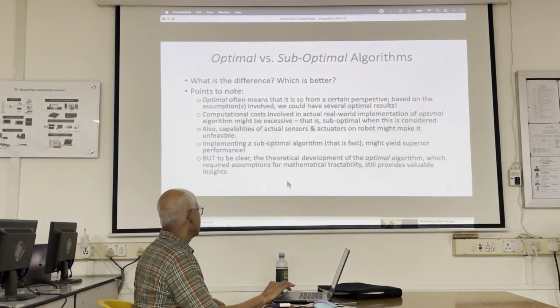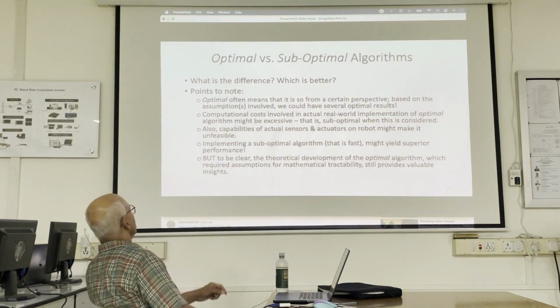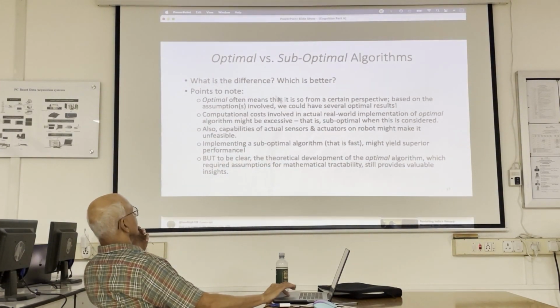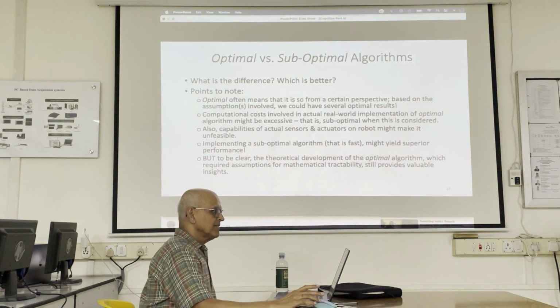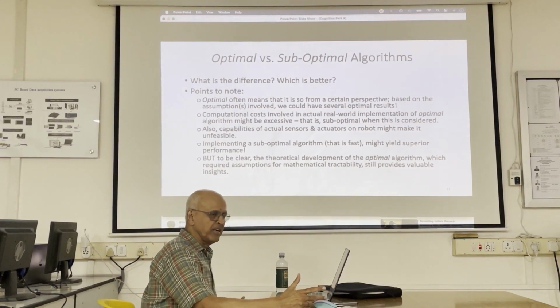I spent a few minutes on this because it's so important. When I was young, many years ago, I used to be scared of this word optimal. When you hear the word optimal algorithm, you stop searching because you say, okay, the best has been found, I can't do any better.